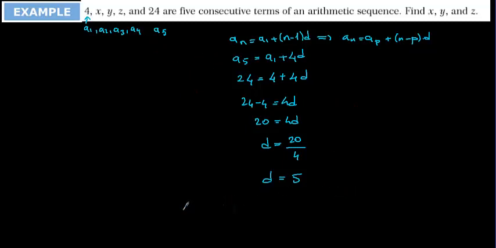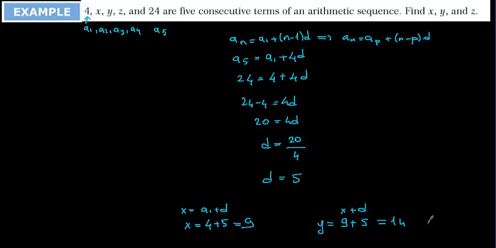So x is equal to a1 plus d, x is equal to 4 plus 5, which is equal to 9. Y is equal to 9 plus 5, x plus d, and it's going to be equal to 14.